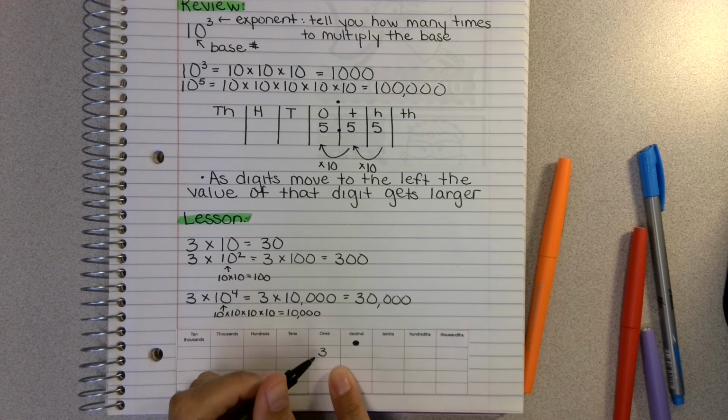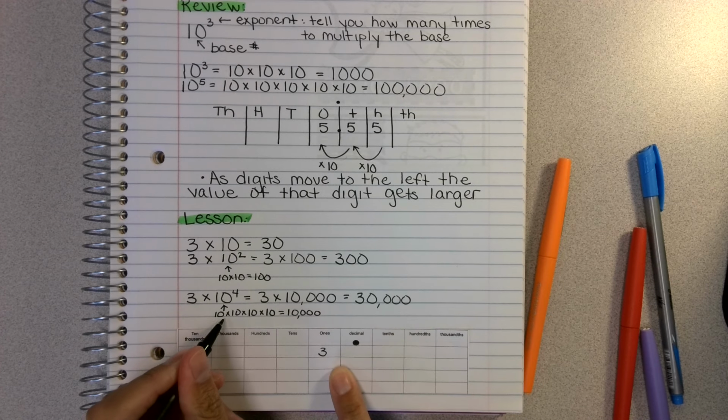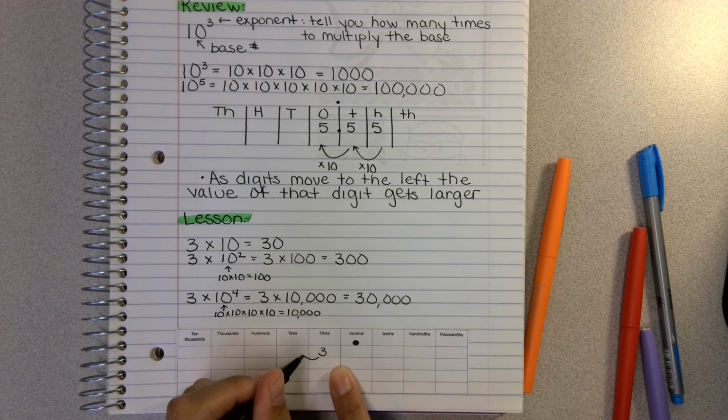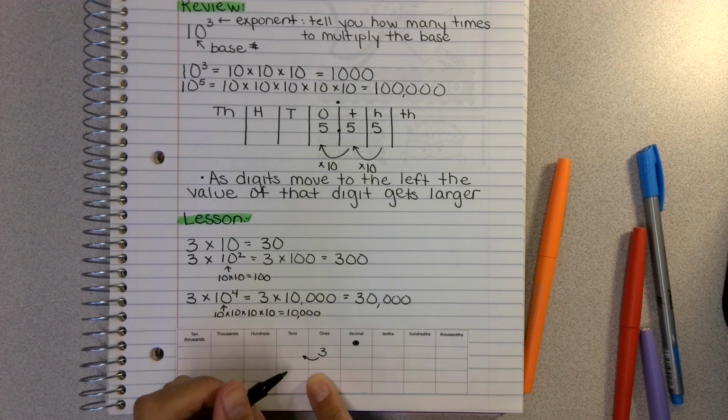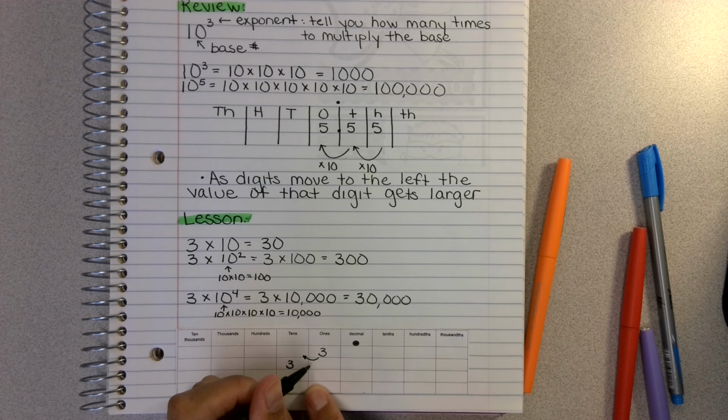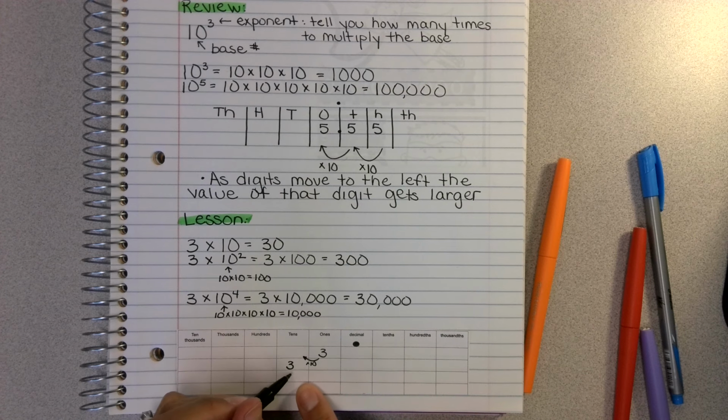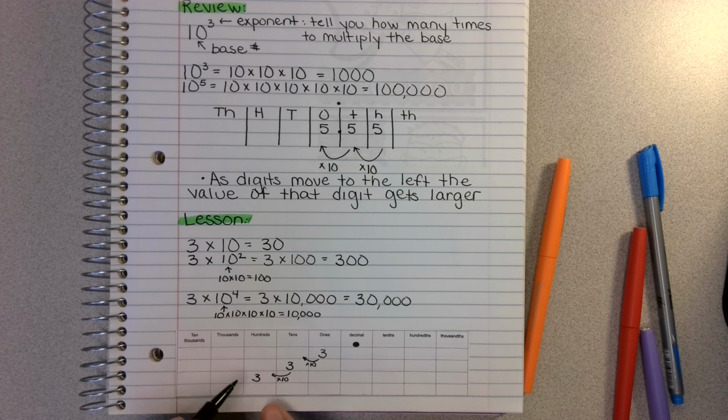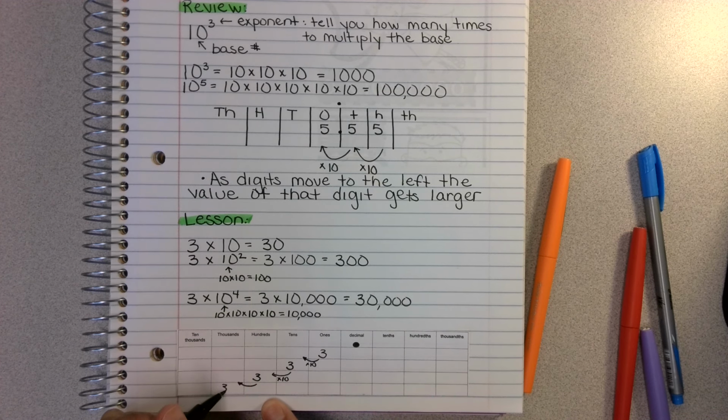So when I times it by the first 10 right here, it moves over to the next place. This is times 10. Then I times it again. So that was the first times 10. This is another times 10, moving it over. Then I times it by another 10. So every time I times it by 10, it moves over.